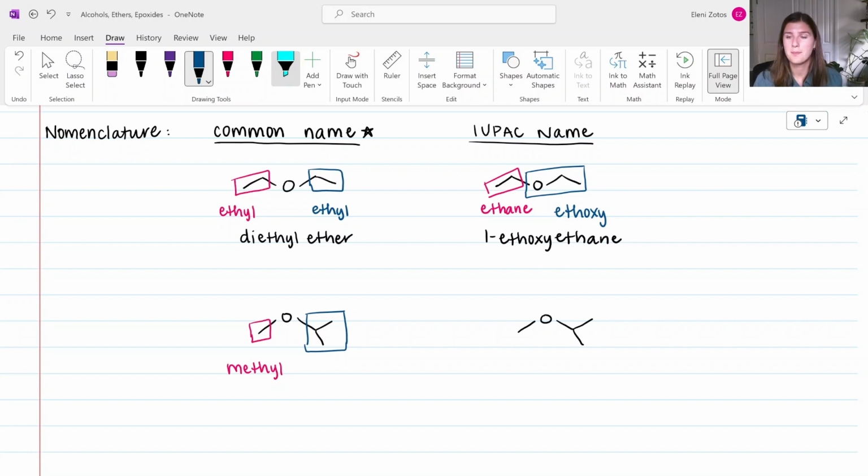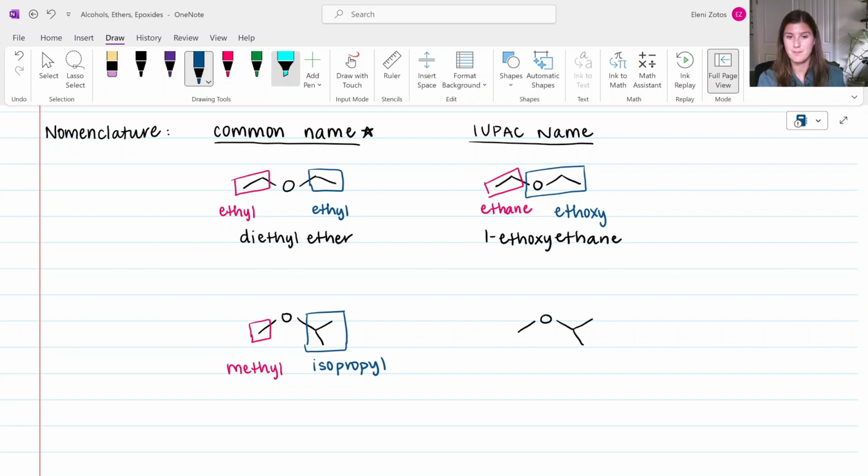But in this case, the bond is at the center carbon, so this is the isopropyl group. It's one of the specific carbon chains in a specific bonding pattern that we named in Organic Chemistry 1. So we have a methyl group, isopropyl group.